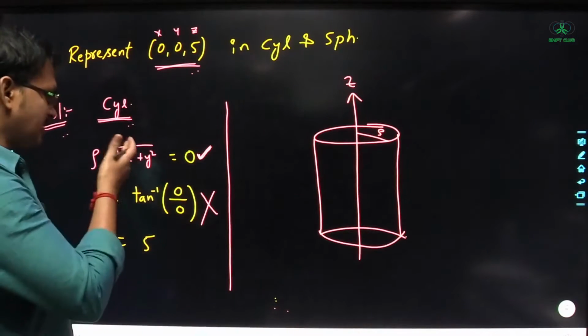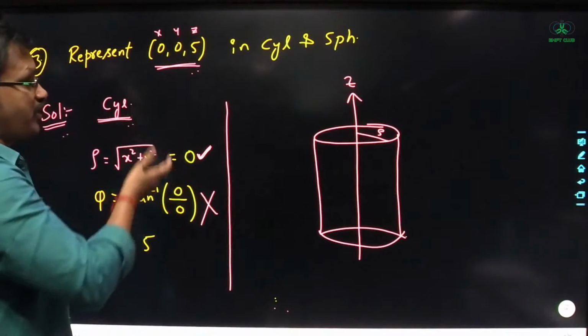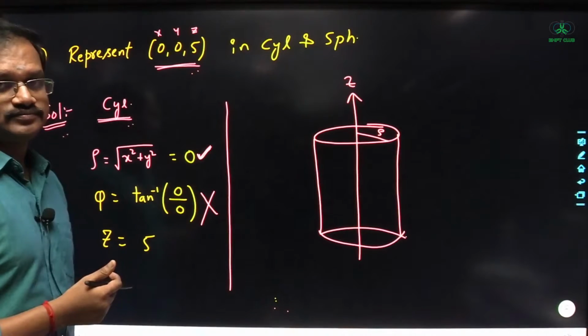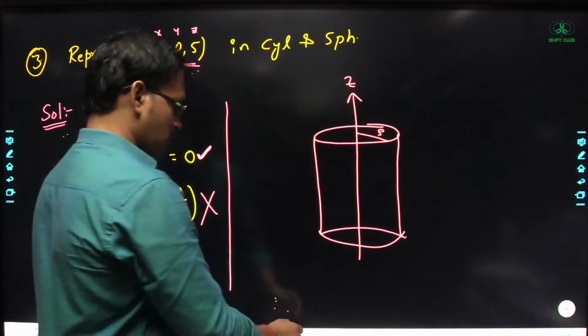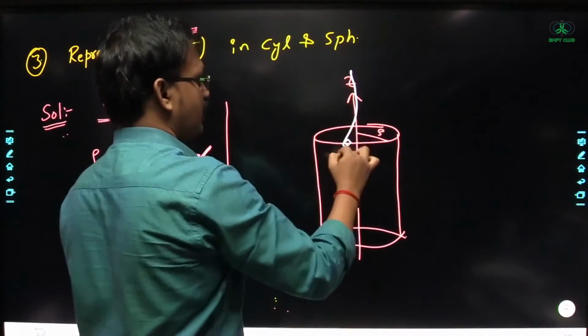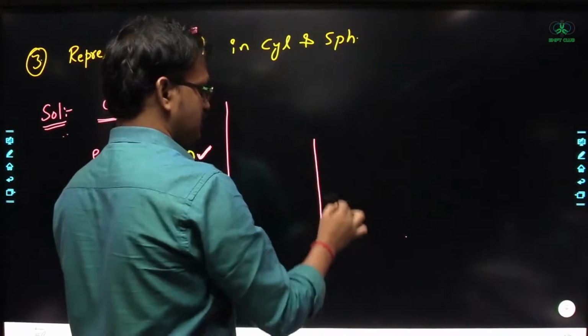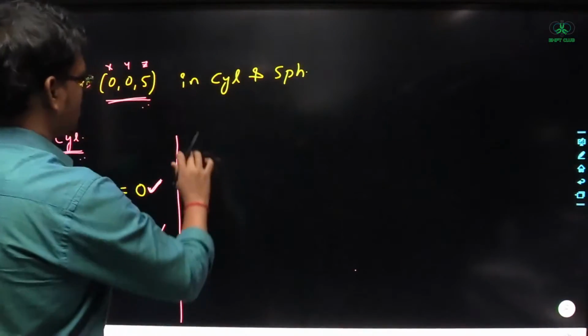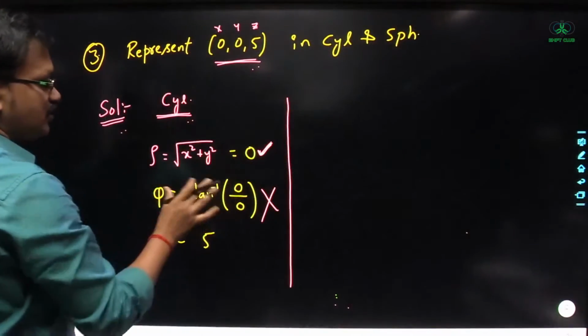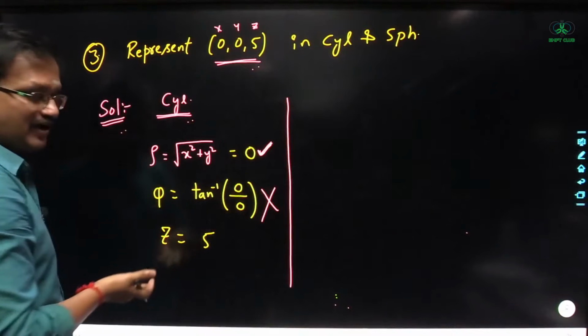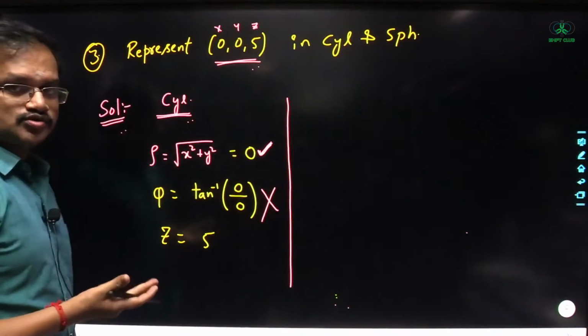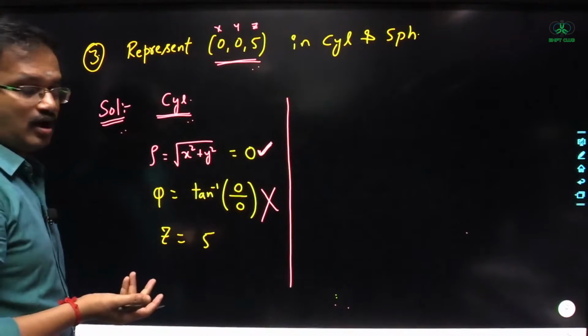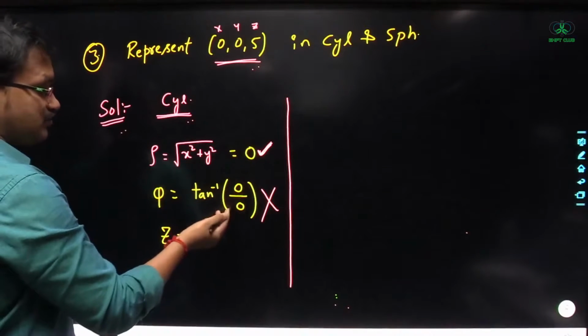So representing this point in the cylindrical coordinate system is meaningless. We cannot represent the point (0, 0, 5) in cylindrical coordinates because it is not valid. Rho itself becomes 0, meaning there is no cylinder at all, and we also get phi equal to tan inverse of 0 by 0.